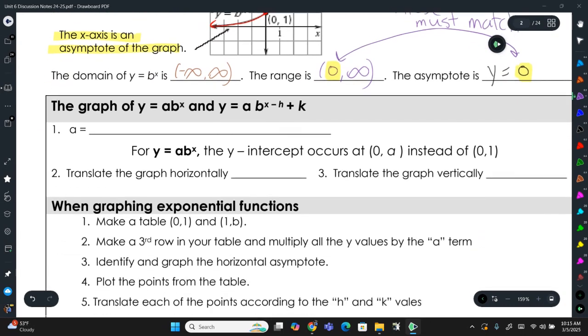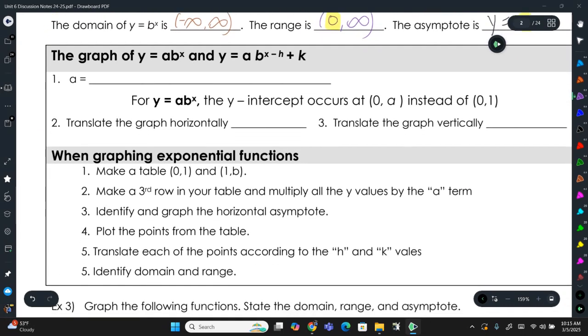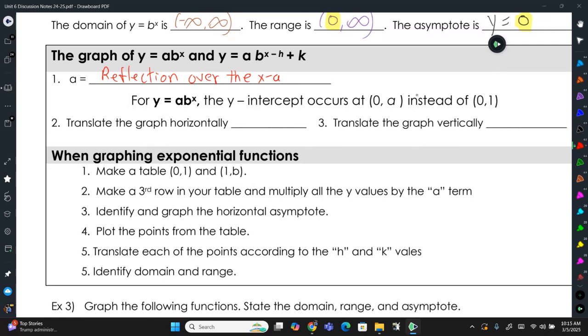So when we generalize this with a, h, and k, a, h, and k do the same things that they've been doing. A is a reflection over the x-axis, and it also tells us shrink or stretch.